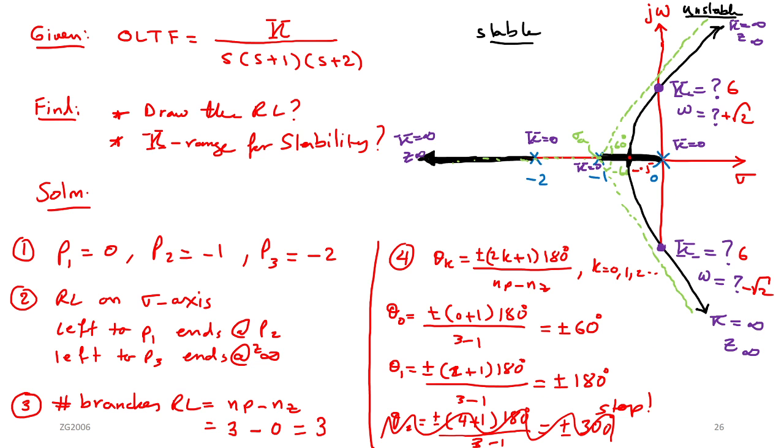So when K equal to 0, the system is stable, okay? This one's stable, this one's stable, this one critically stable. So the whole system will become critically stable. When K equal to 1, this one's stable, this one's stable, this one also stable. When K equal to 6, this root will go to here, and this root will go to here, and this root always goes to the left. It will become critically stable, 6.